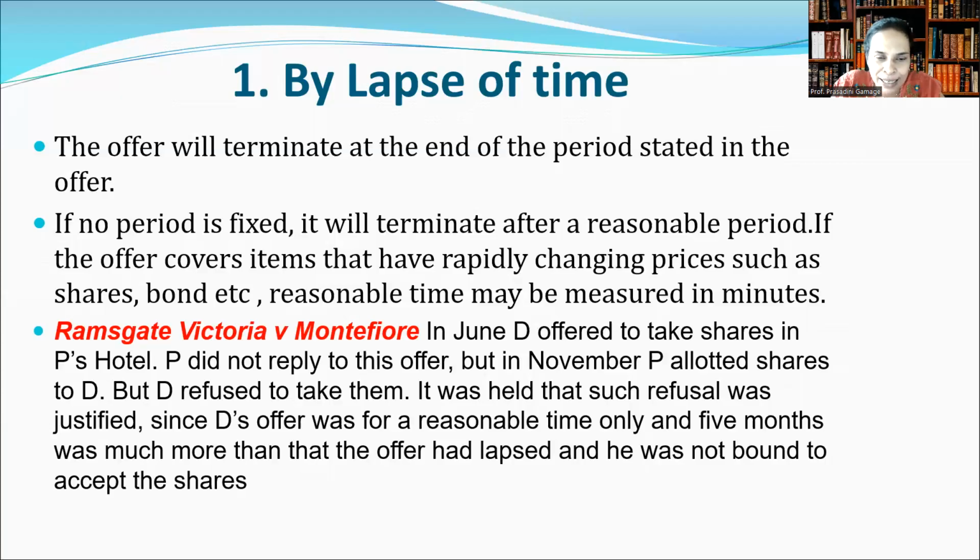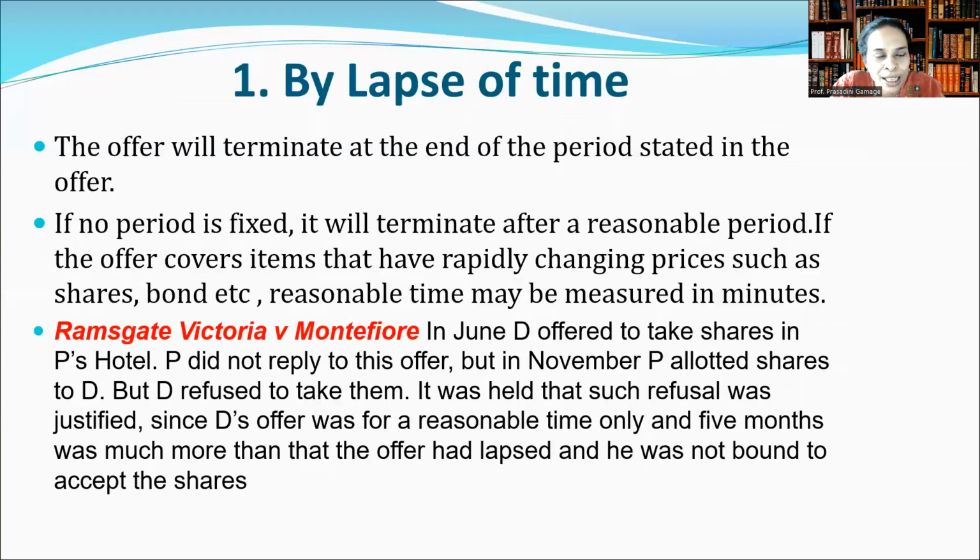But the court stated the subject matter of this transaction is none other than shares. So if somebody wants to buy shares in the month of June, and the hotel allocates shares in the month of November, that means after 5 months only they accepted this offer. It's too long a period to accept somebody's offer to purchase shares, because we know according to the nature of shares in the market, it's fluctuating.